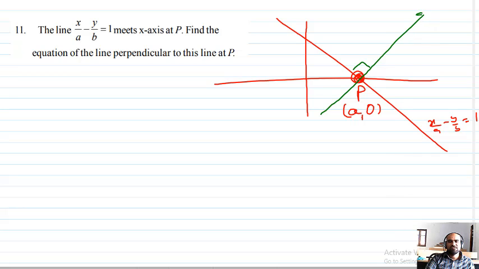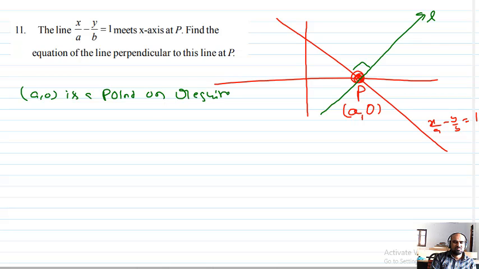The point is there on the line, we need its slope. Okay. A comma 0 is a point on the required line. Next, what do you want? You want its slope, because the given line and that line are perpendicular, so you can find its slope directly. First of all, we can find the slope of the given line.